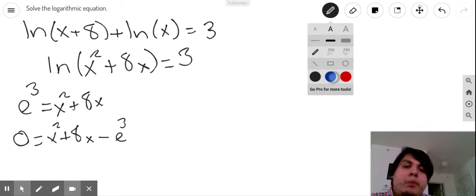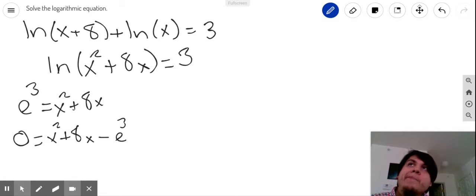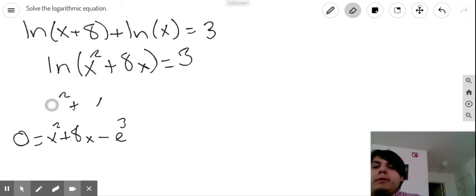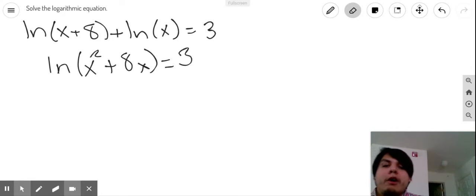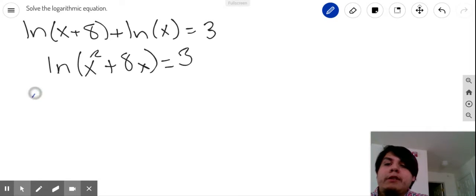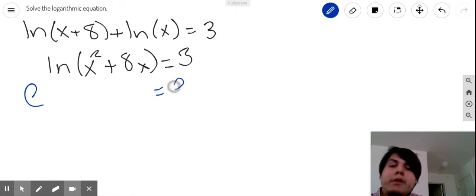Or we could access some inverse operations and treat both of these as our exponents, because again, the logarithms equal exponents. So if I do it this way, it's e to this power will equal e to that power.